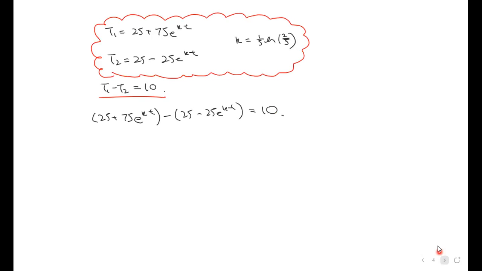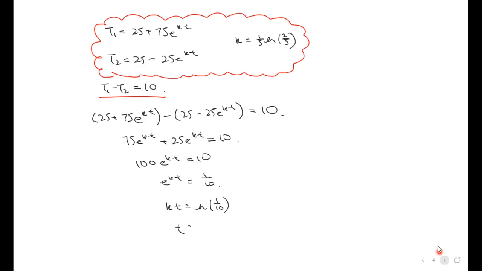You've then got 75 e to the kt plus 25 e to the kt equals 10. Of course, that gives you 100 e to the kt equals 10. So e to the kt equals 1/10. So that means kt equals log of 1/10. And that means t equals 1/k log 1/10.